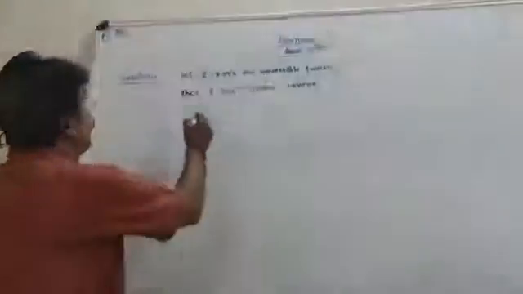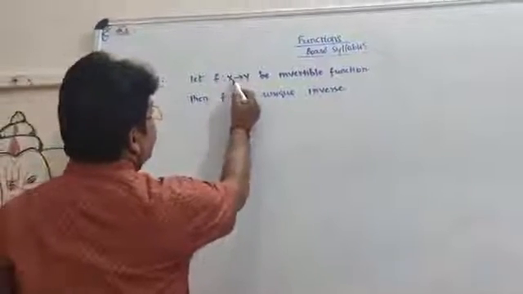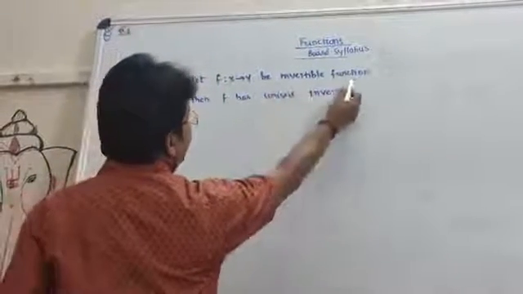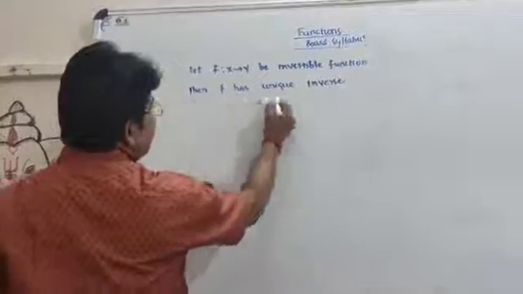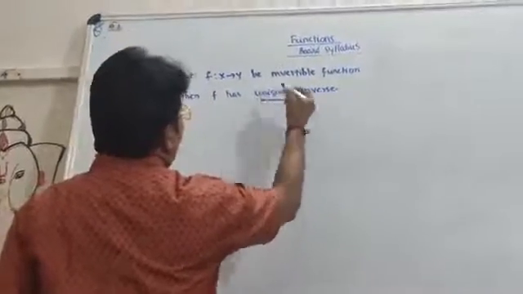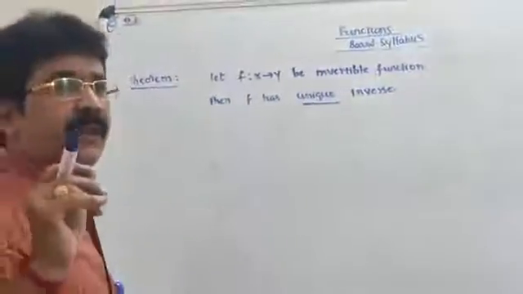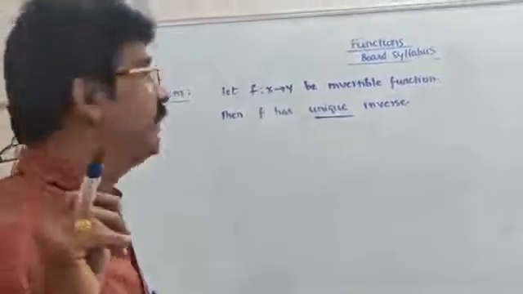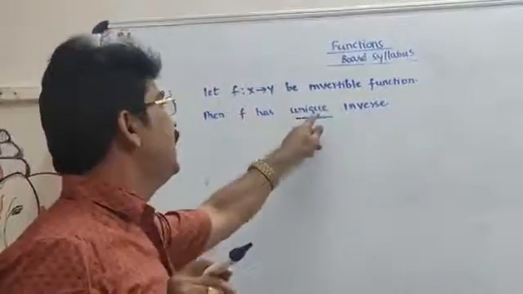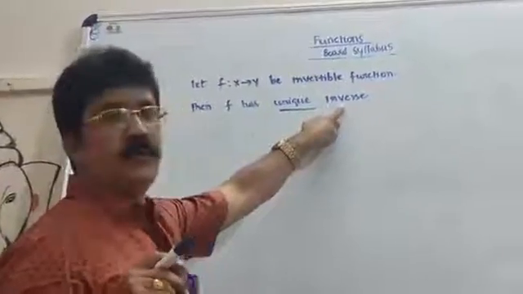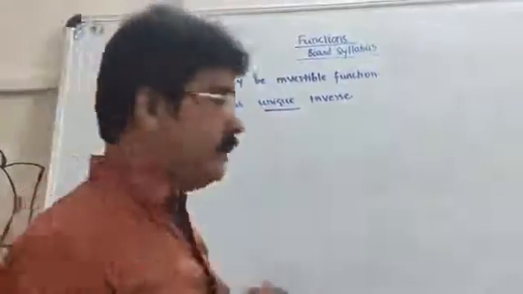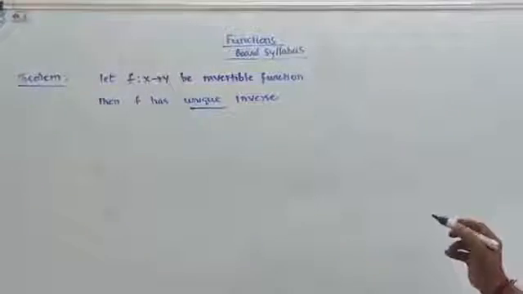Okay. Let f from capital X to capital Y be an invertible function, then it is unique. So you can take any function, for example, f is any function, then it has a unique inverse. We have to prove like that. Once again, let us recall the definition of inverse function.